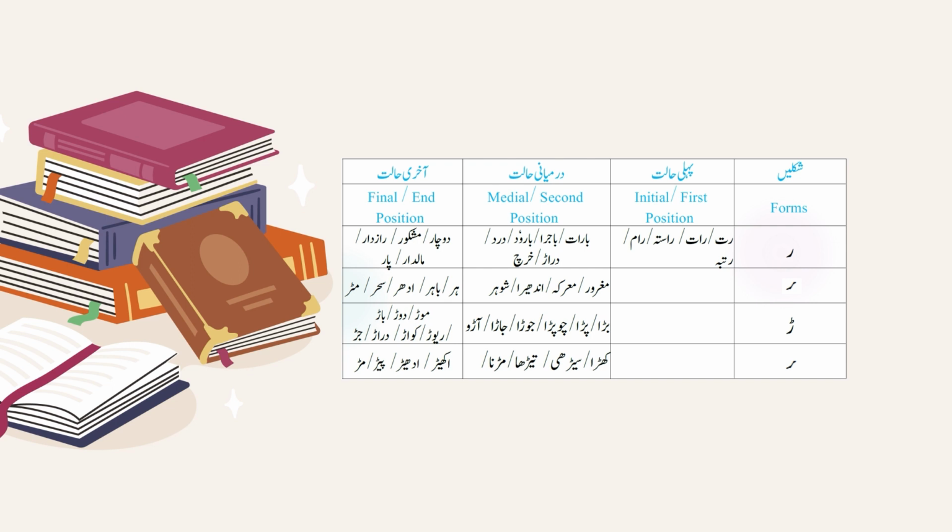We'll see the short form. In initial or first position, it will not come; it will come in second position. We have the word khada in second position, and it is foot-like. The only difference between ray and day is that day has the symbol of toy; otherwise they work the same.